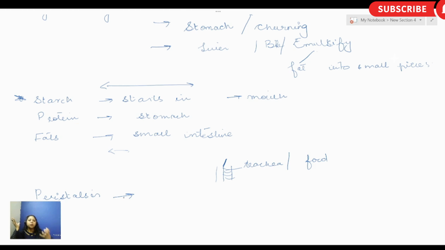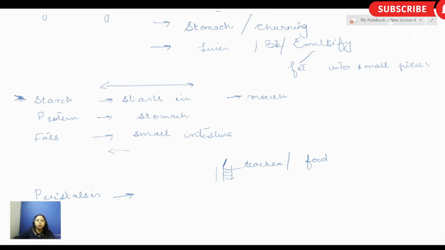It moves towards the next part through peristalsis. And what is peristalsis? It is only rhythmic contraction and relaxation. So it moves the food down. The movement of the stomach is called churning, not peristalsis, but the small intestine does and the large intestine does. Okay.